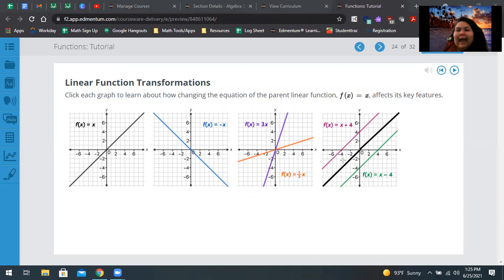But because we added that plus 4, it's like we picked up that line and brought it up 4 units. If you actually count it, pick a point from my y equals x line here, because I picked it up 4, it should have the same distance. So 1, 2, 3, 4. It's on that purple line. If you choose one back here, 1, 2, 3, 4.